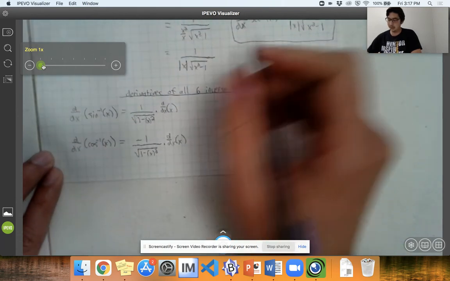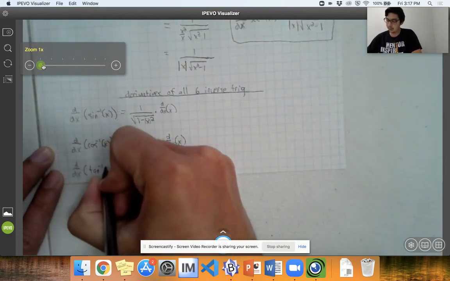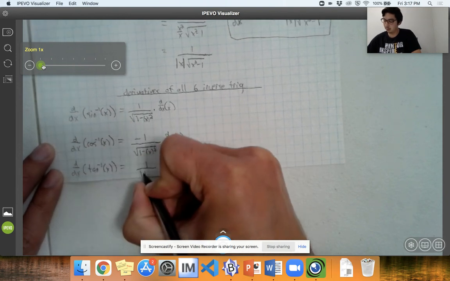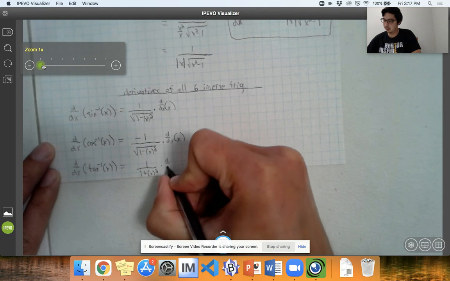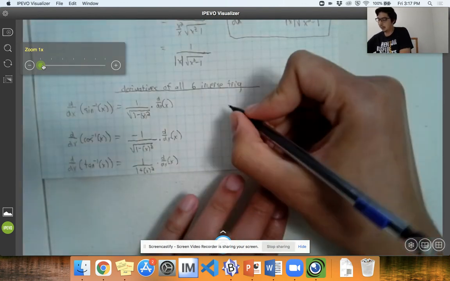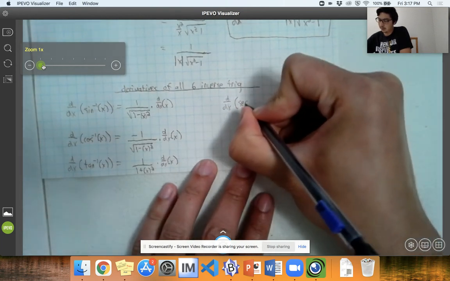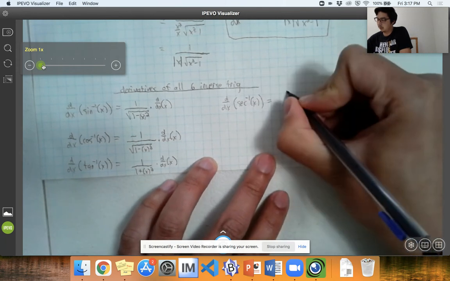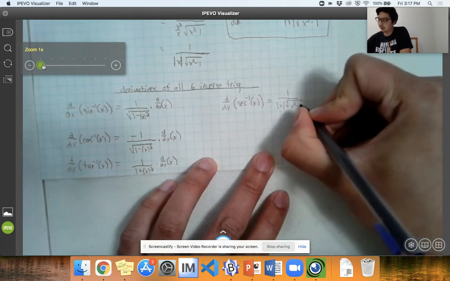And then we had the derivative of arc tangent, or tangent inverse of x, is equal to 1 over 1 plus x squared times the derivative of the input. And then I also finally showed that the derivative of arc secant of x was equal to 1 over the absolute value of x times the square root of x squared minus 1.